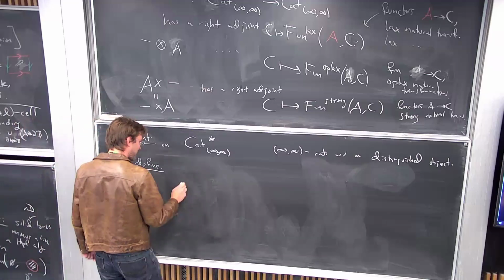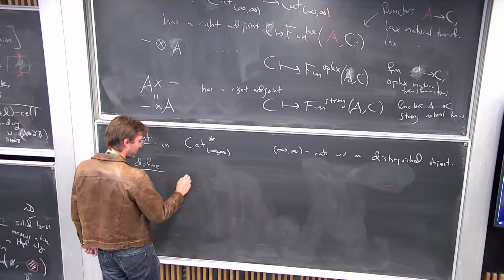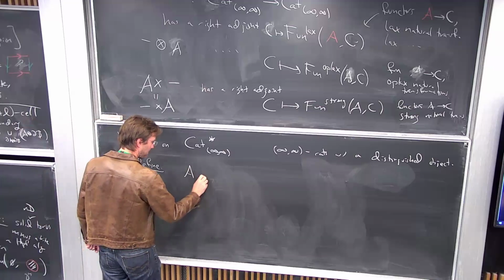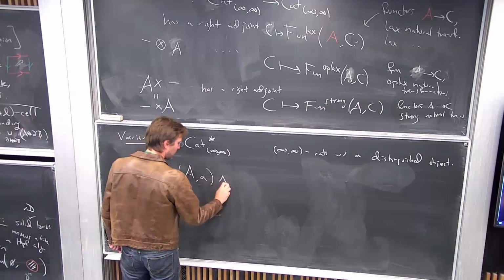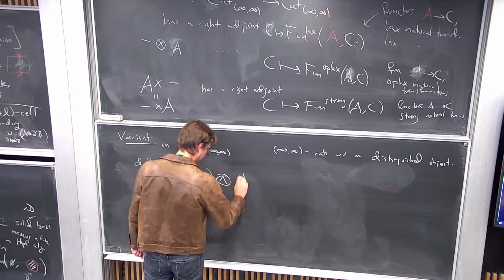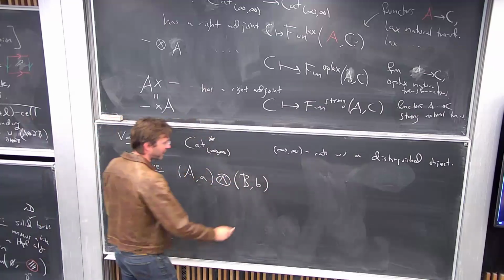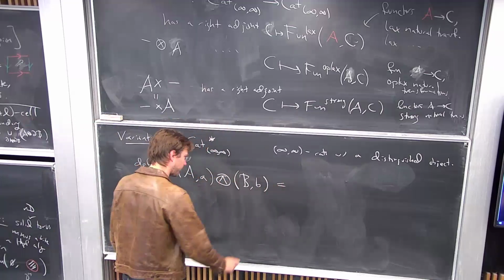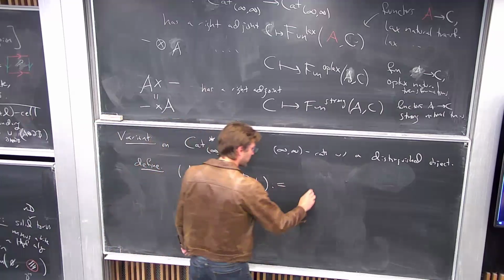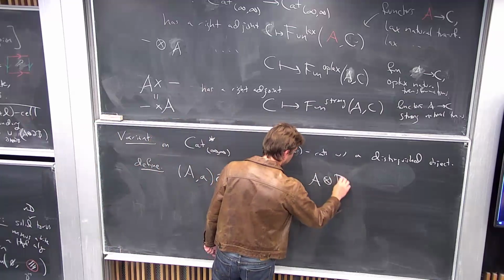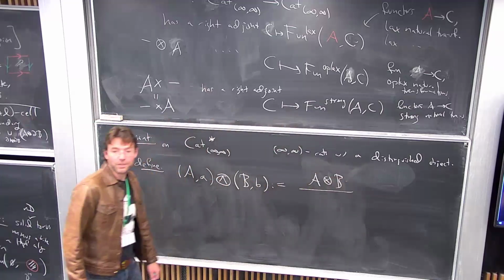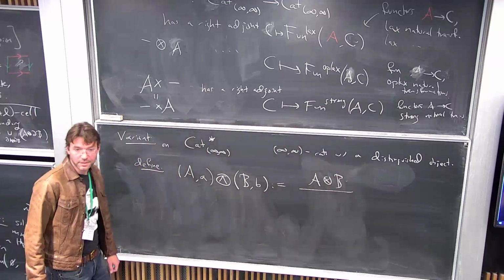So you can define a smash product. You have a category with a base point. This sort of smash product is defined as the tensor product, and you smash out, you force all base points to be the base point.